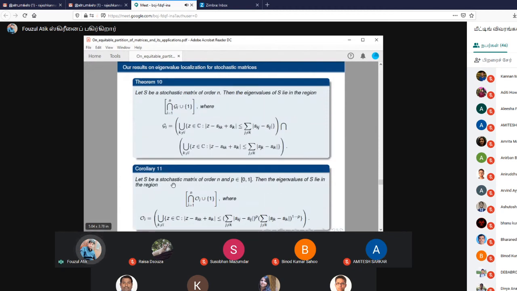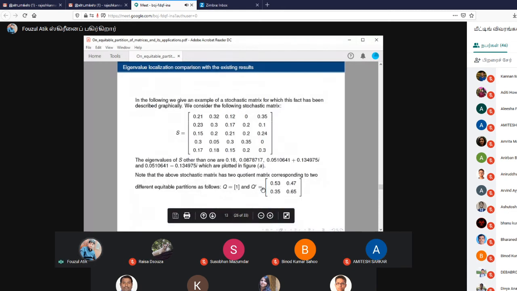As I mentioned, for the case of a stochastic matrix the result comes up in this particular form. And as mentioned in Horn and Johnson, there are other eigenvalue localization theorems, such as Ostrowski or Brauer, and using those we have found this result. I'm not going into the detail. I just want to mention this example, where we have considered a stochastic matrix, which I have already shown.